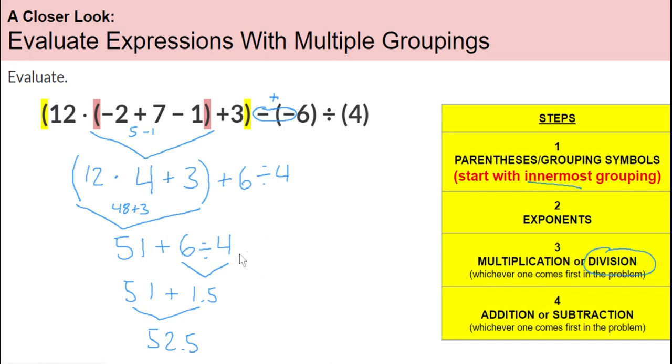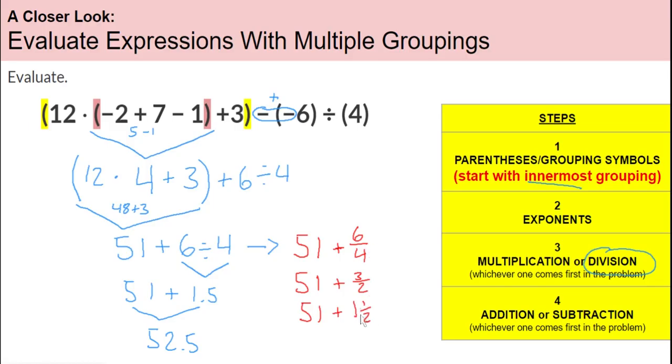Or you could rewrite this, put it in a different color. We could say 51 plus 6 over 4. We just changed division to a fraction. 6 divided by 4, that's like saying 51 plus 3 halves, because I simplified it, divide both of them by 2, and then it's like saying 51 plus 1 and 1 half.